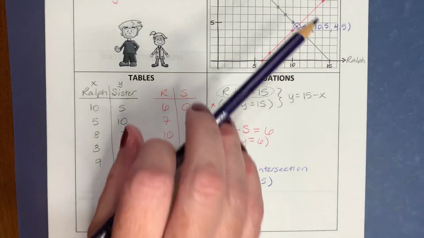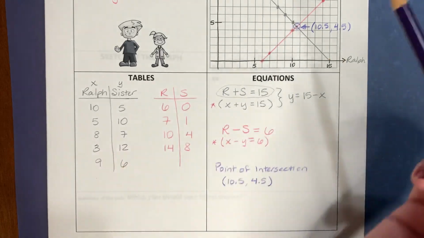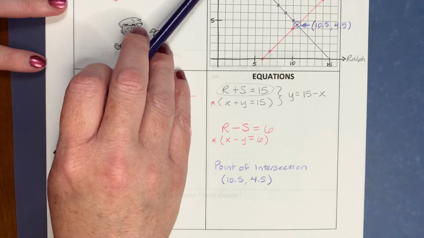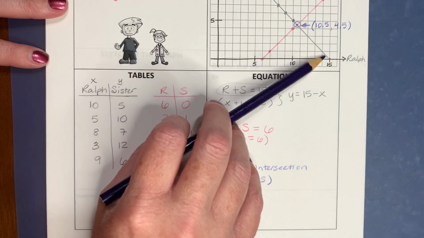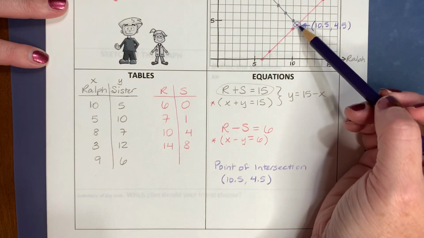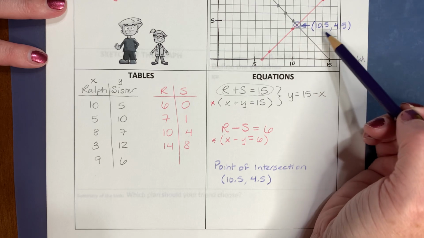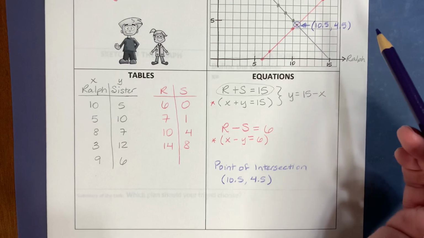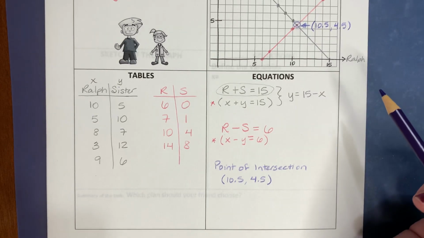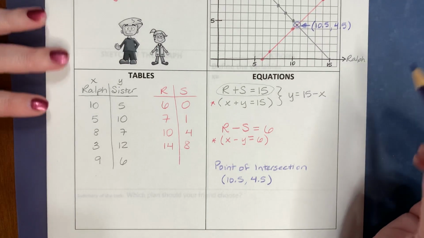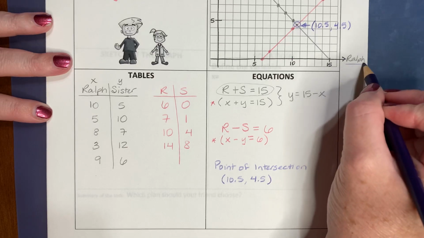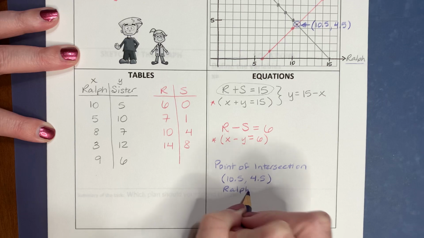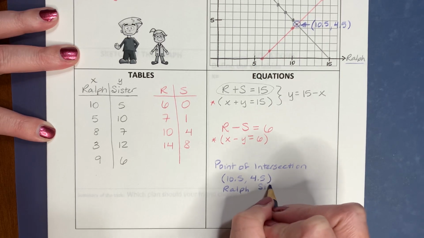Well, it means that this point is true for both clues, right? It means clue 1 and clue 2 both have this point in common, which means this is the age of each child right now, right? Well, which child's which? Well, remember, Ralph was our X value, so this is Ralph's age, right? And this was sister's age.